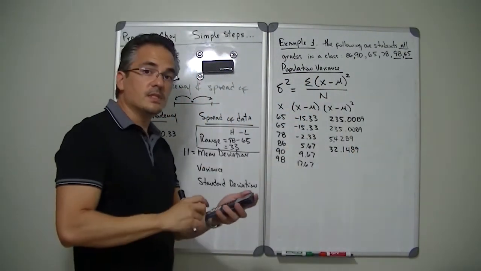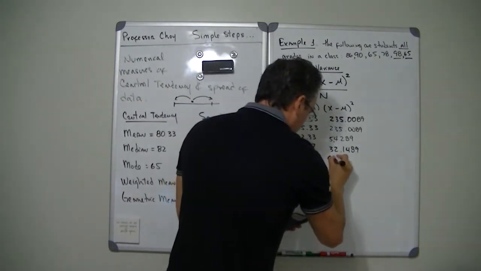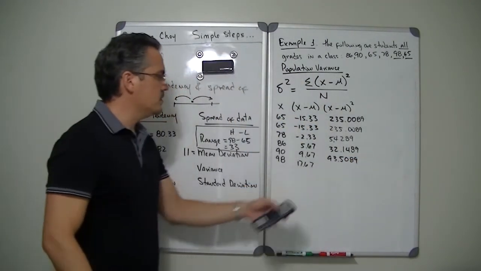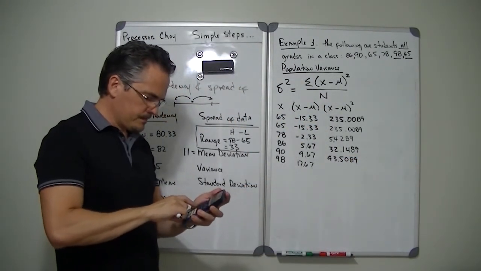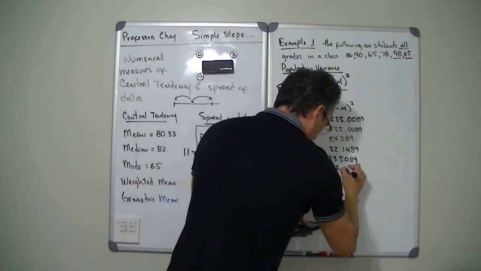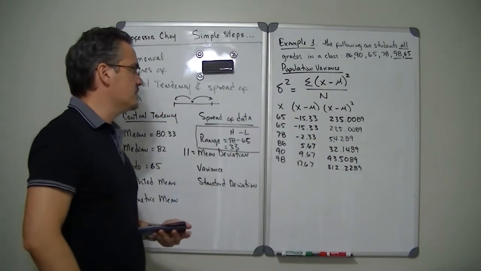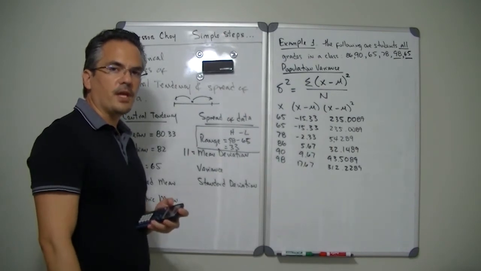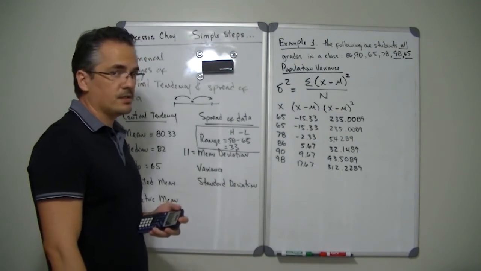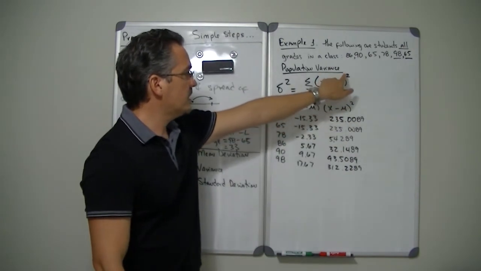Then 9.67 squared. And then 17.67 squared. Again, I'm carrying a lot of decimal spots here just to make sure that we get our numbers right when we put them on our calculator or our program online later. So we did x minus mu squared.